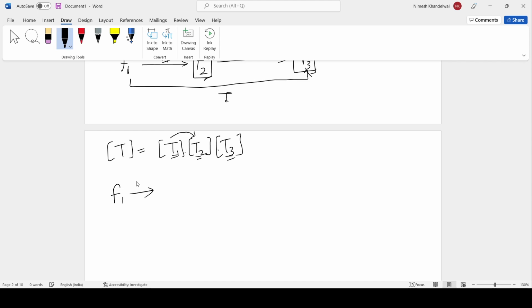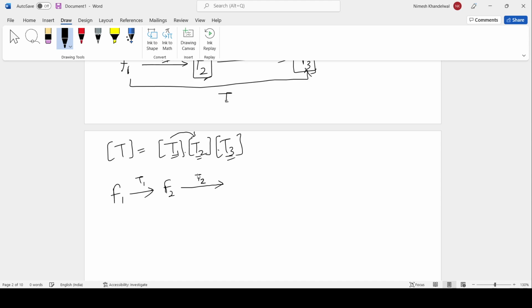I do a transformation T1, and the new frame is F2. I either rotate the frame F1 or I translate, move the frame F1 in some way. I get a new frame, and then I further transform this frame F2.